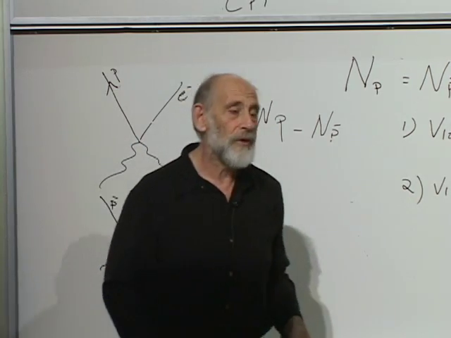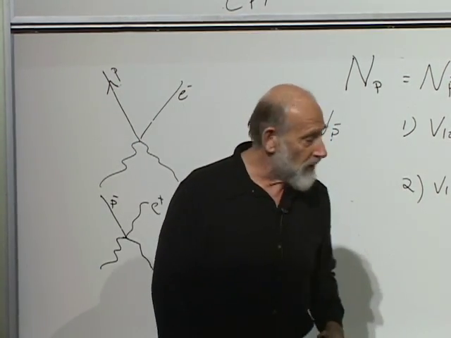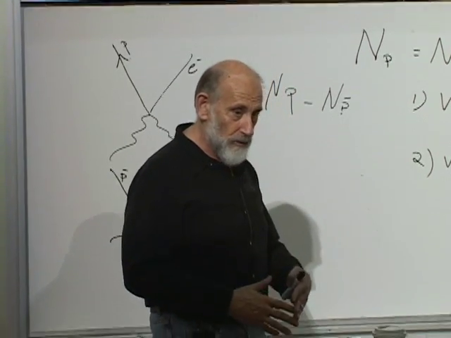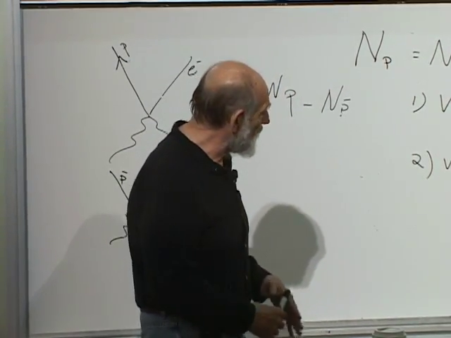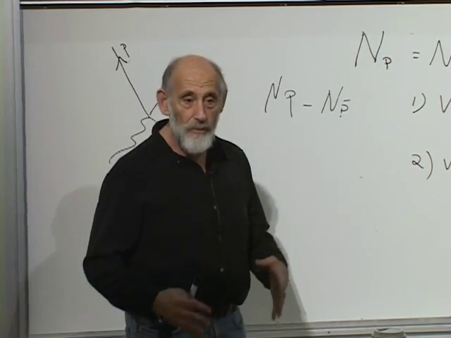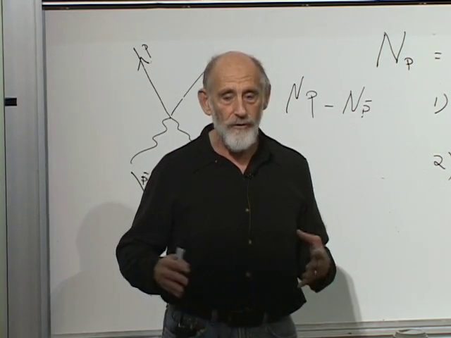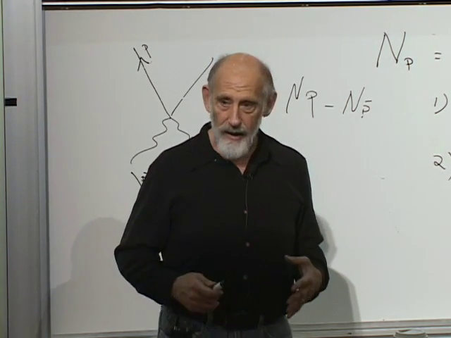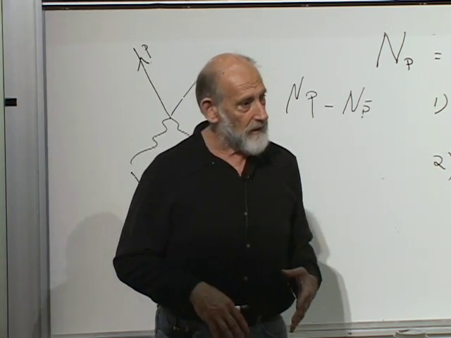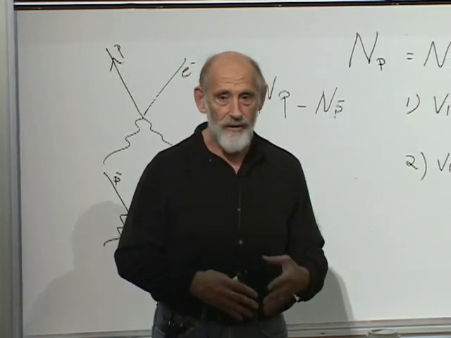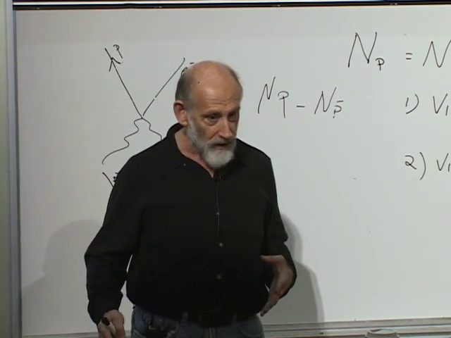All right? So the last condition in order to break this symmetry between particles and antiparticles is that the universe at some point in its history must have been sufficiently out of equilibrium so that it definitely looked different going one way than in the other way.